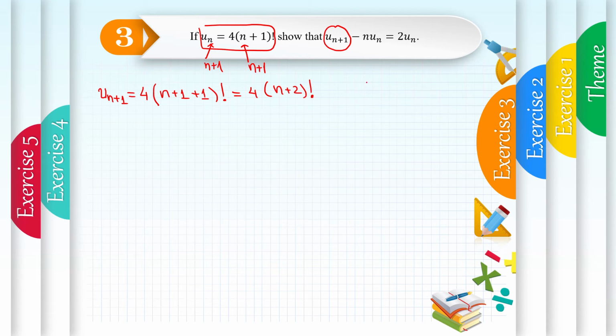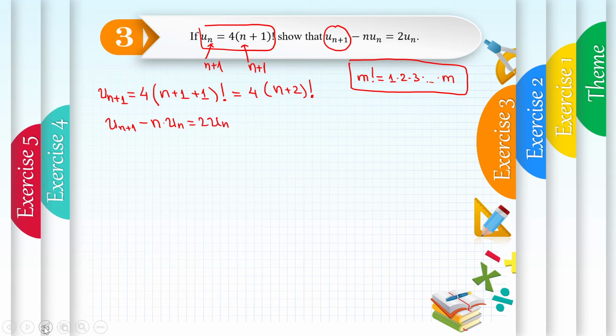If you forget what factorial means, we say that m factorial is 1 multiplied by 2, by 3, and so on till m. So this is the definition of the factorial for a positive integer. Now let's replace in our expression u(n+1) minus n u(n) equal to 2u(n).